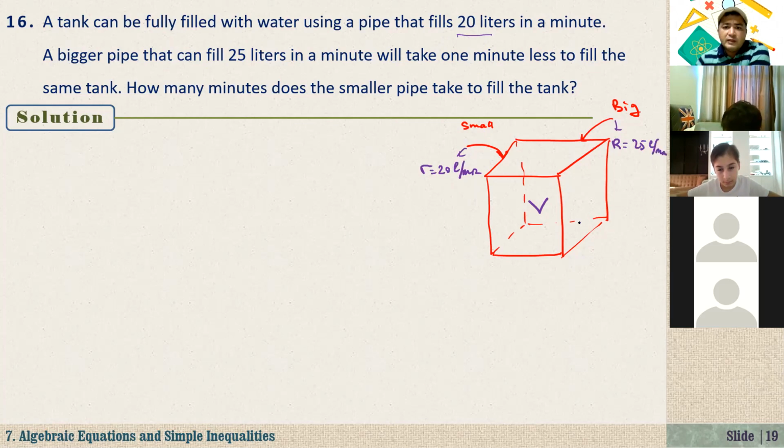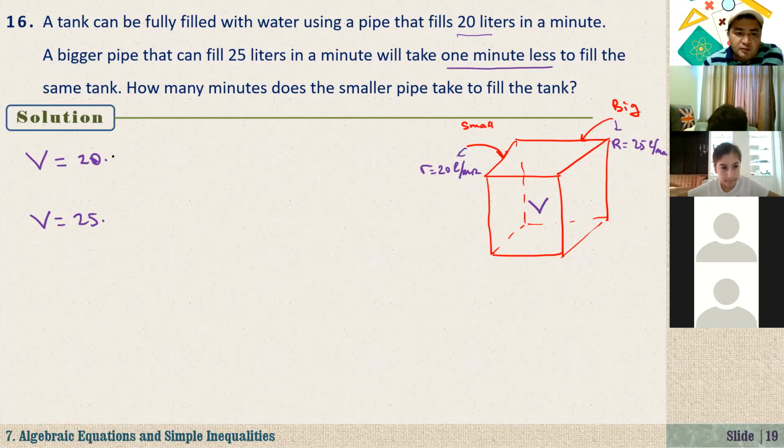Now let me write my equation. Here we have V for the small one and V for the big one. The small one is 20 liters per minute, and the second one is 25 liters per minute. The question says that the bigger pipe, which fills 25 liters in a minute, will take 1 minute less.